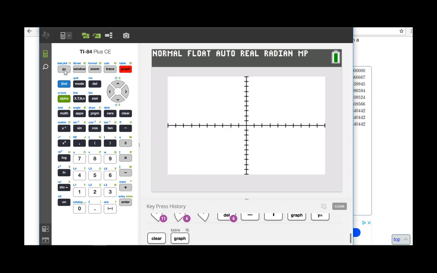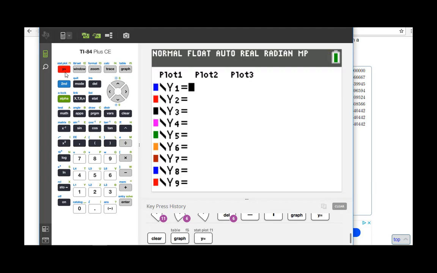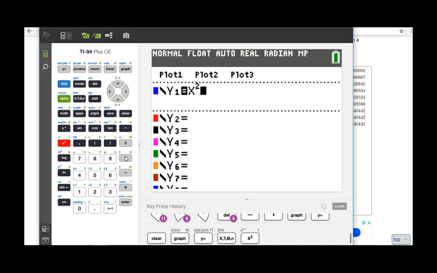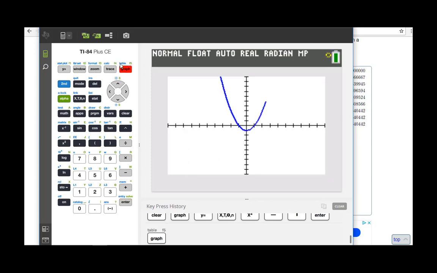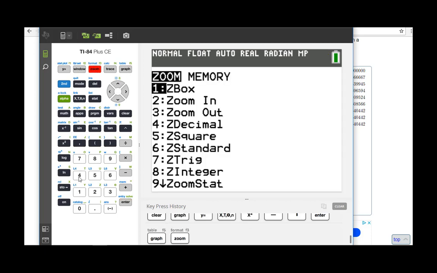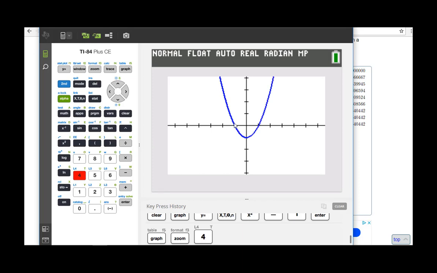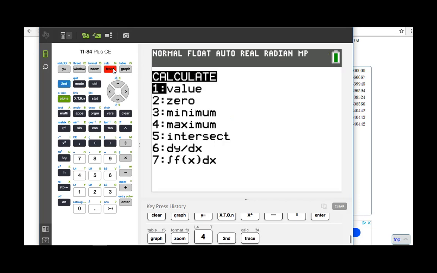So for example, if I was using a TI calculator, let's say I graphed x squared minus 1, and I hit enter, and go to the graph, and let me do a zoom decimal, zoom into the graph a little. So let's say we're trying to find this x-intercept. For a TI, to find a zero, I would do second trace, go to the calc menu, and find a zero.